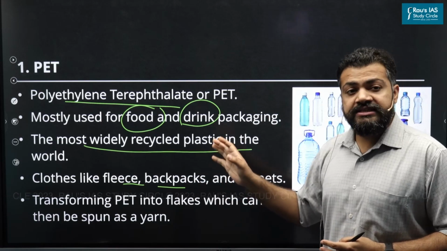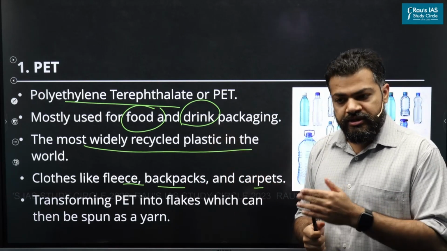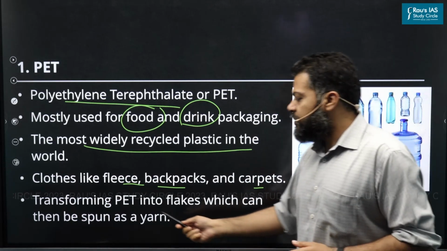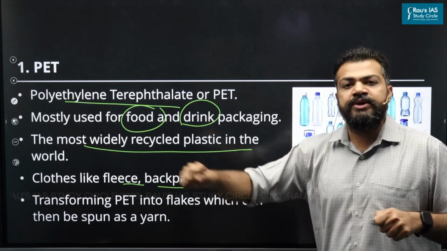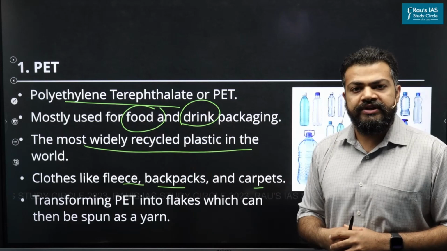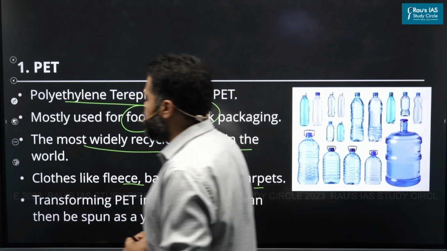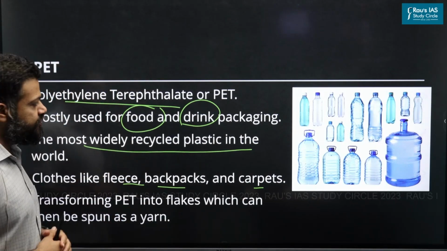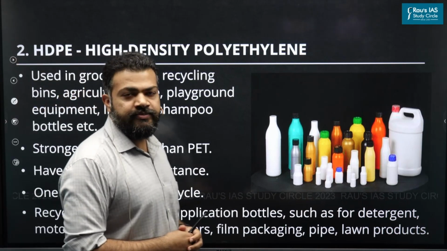In fact, these days it has become quite a popular trend to use plastic recycled clothes. PET can be transformed into flakes, and from these flakes we can spin a yarn, and that can eventually be used in making any kind of attire. So this pictorial image can help you in identifying a few examples of PET bottles.